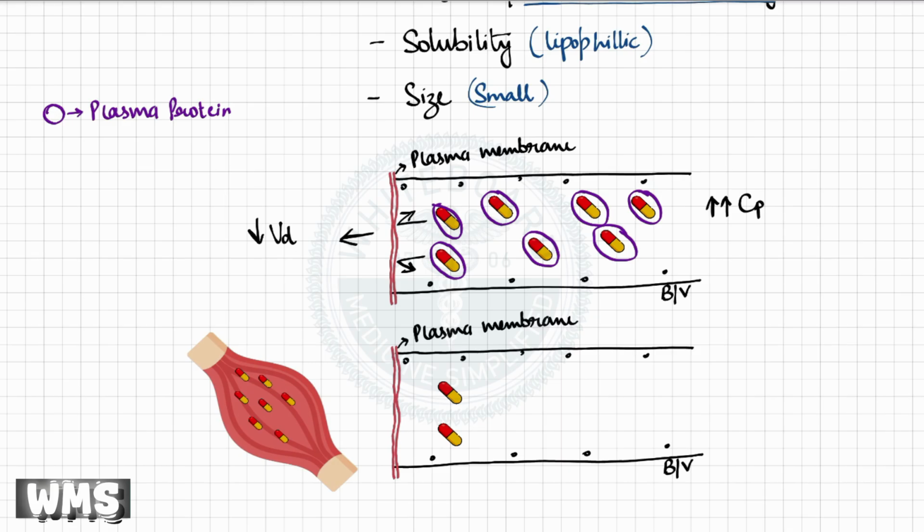Similarly, lipophilic drugs cross cell membranes with ease, allowing them to spread extensively into organs and tissues. Smaller molecules further enhance this movement by crossing membranes more readily. Because of these properties, such drugs quickly leave the bloodstream and distribute widely throughout the body, resulting in a low plasma concentration and a high volume of distribution.